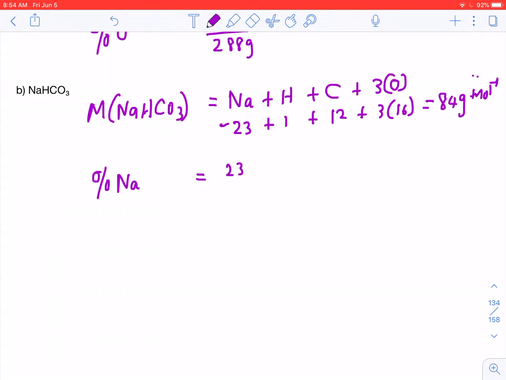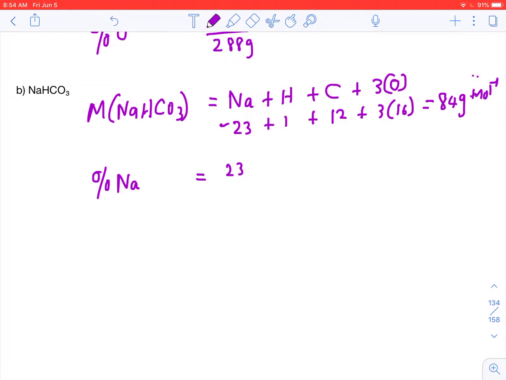So sodium would be 23 grams per mole. Hydrogen would be 1 gram per mole, the atom. Carbon would be 12 grams per mole. And oxygen would be 48 grams, right? And we've got 3 moles of oxygen, the atom.